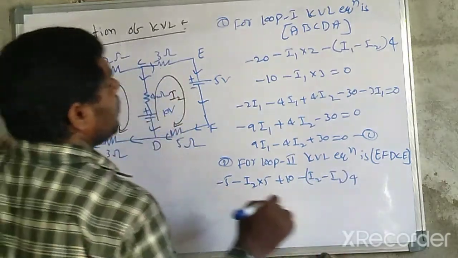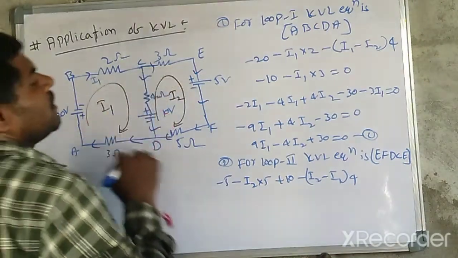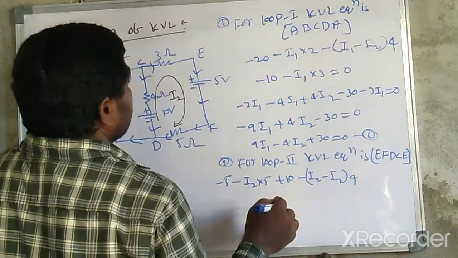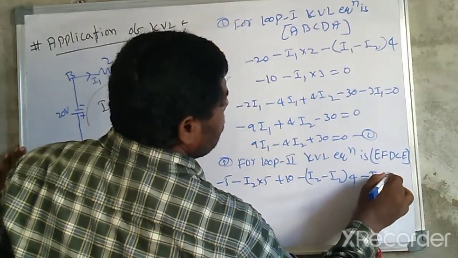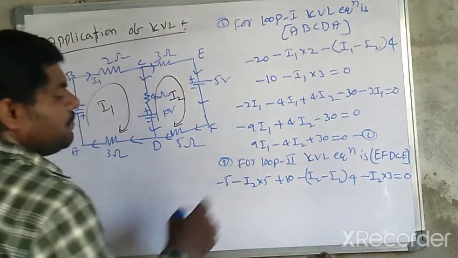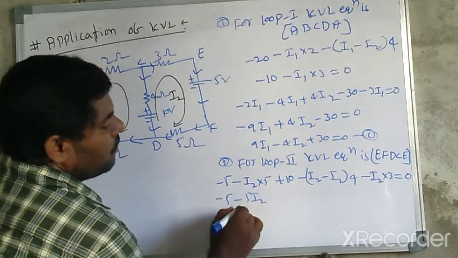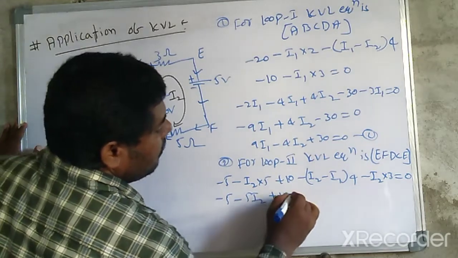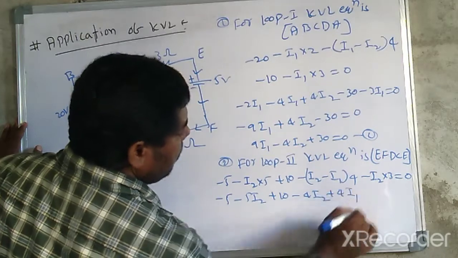In this way the potential drop across 3 ohm is minus I2 into 3, equal to 0. Simplify: minus 5 I2 plus 10 minus 4 I2 plus 4 I1.